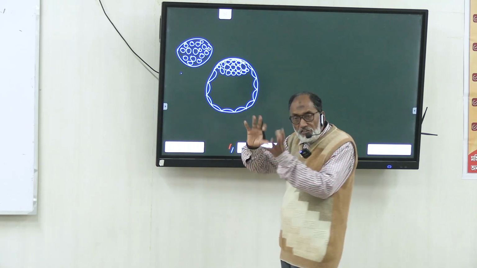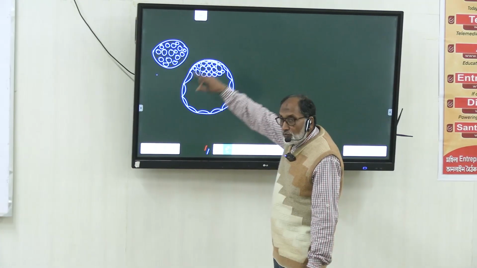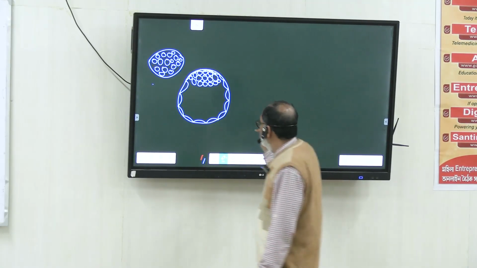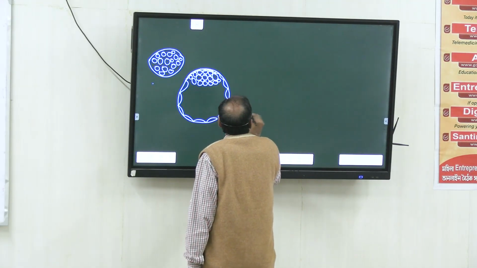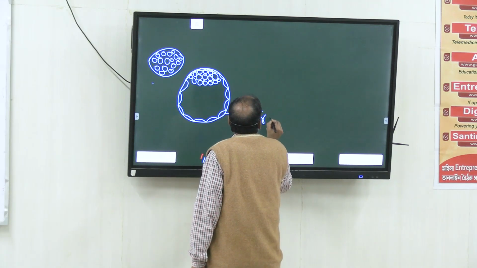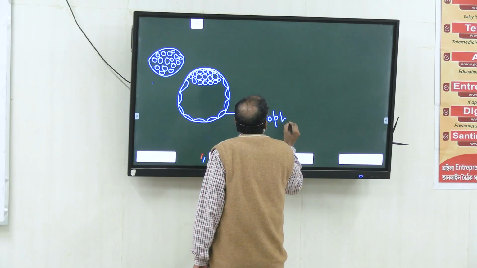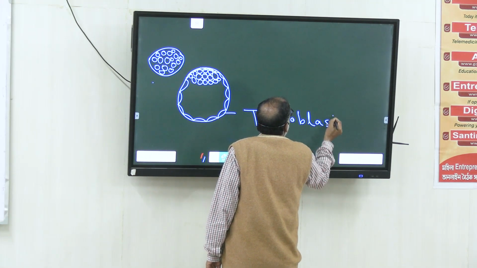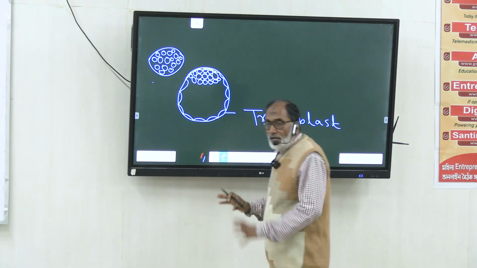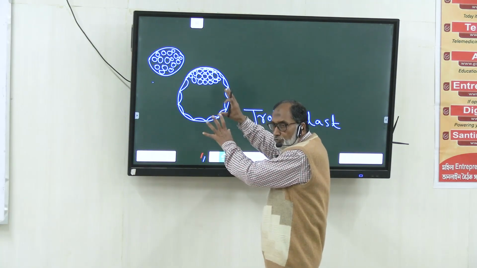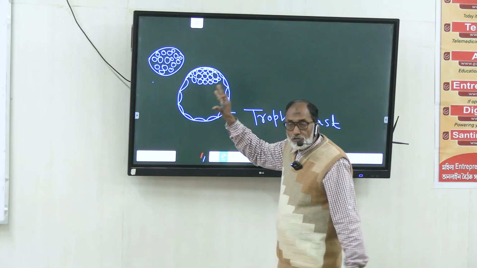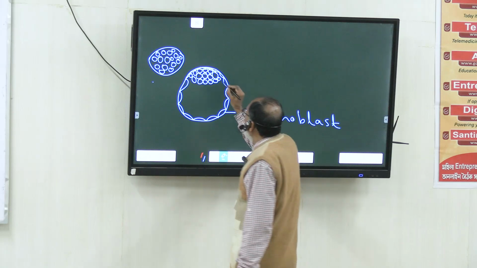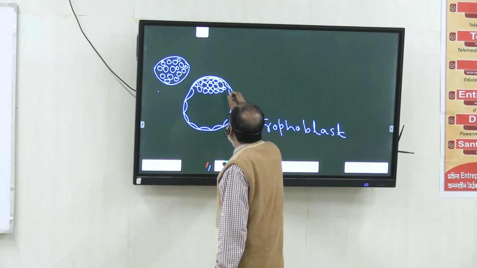So after rearranging, the cells which lie around the periphery, we call it trophoblast. And the group of cells which lies within the cavity is called inner cell mass or embryoblast.